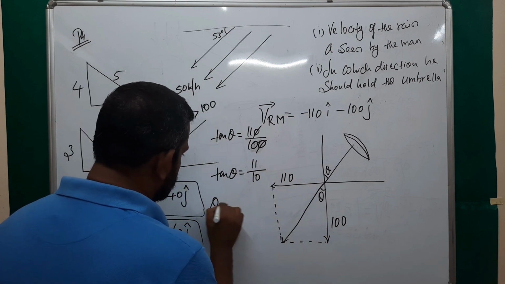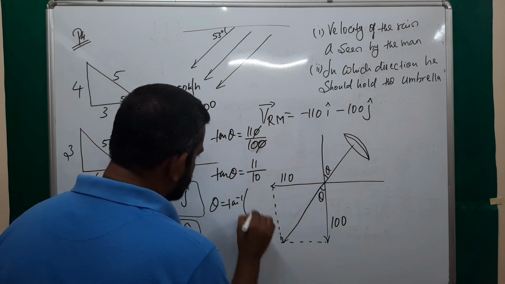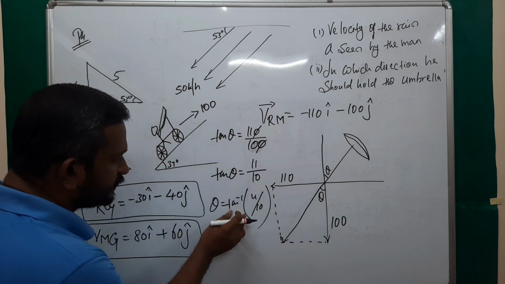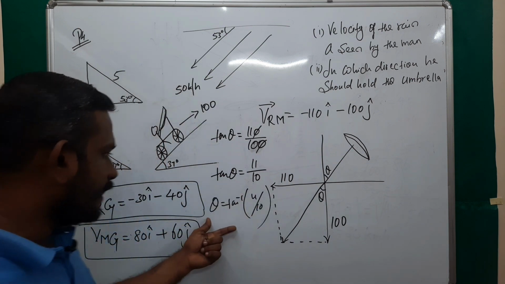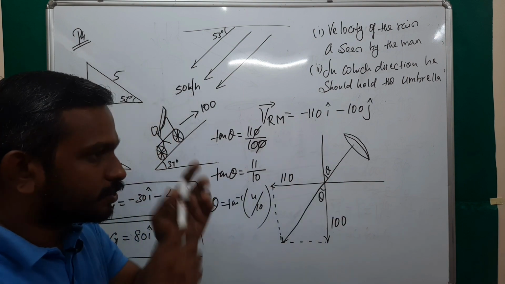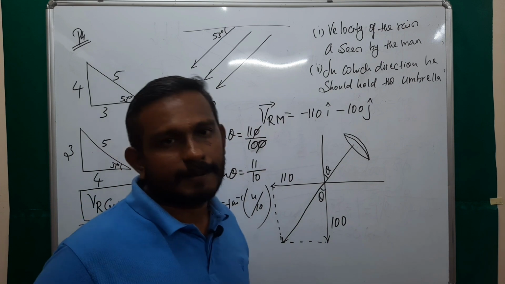Theta is equal to tan inverse of 11 by 10. This is the angle of inclination of the umbrella which he should hold from the vertical.